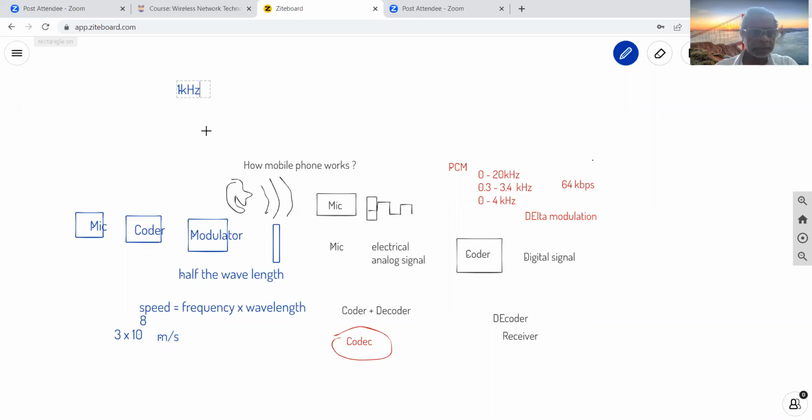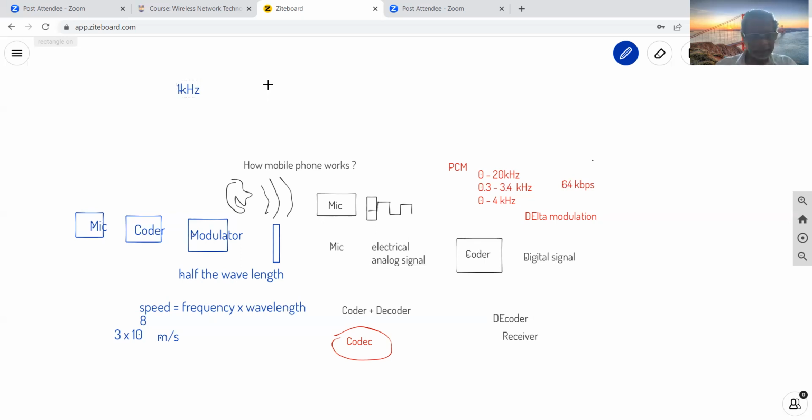Can you check what the wavelength comes to? 3 into 10 to the power 8 is equal to 1 kilohertz, 1 into 10 to the power 3, the frequency should be put in hertz, not kilohertz, into wavelength.